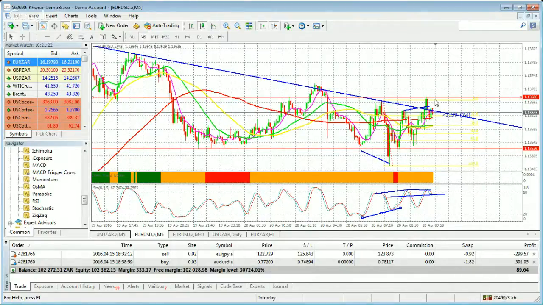Okay, it's kind of pushing around this level now. So let's see how this is going to transpire. A lot could happen, but we're going to have to wait and see again, like I mentioned. Got to wait for the most appropriate entry opportunity.